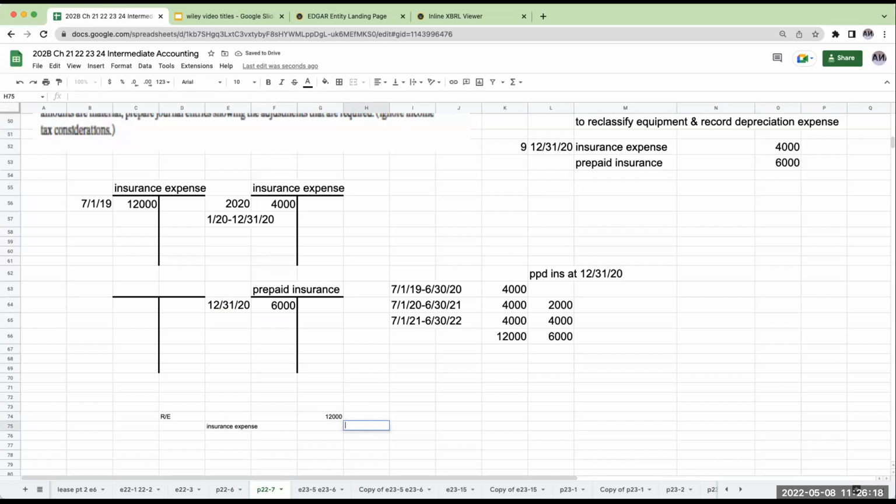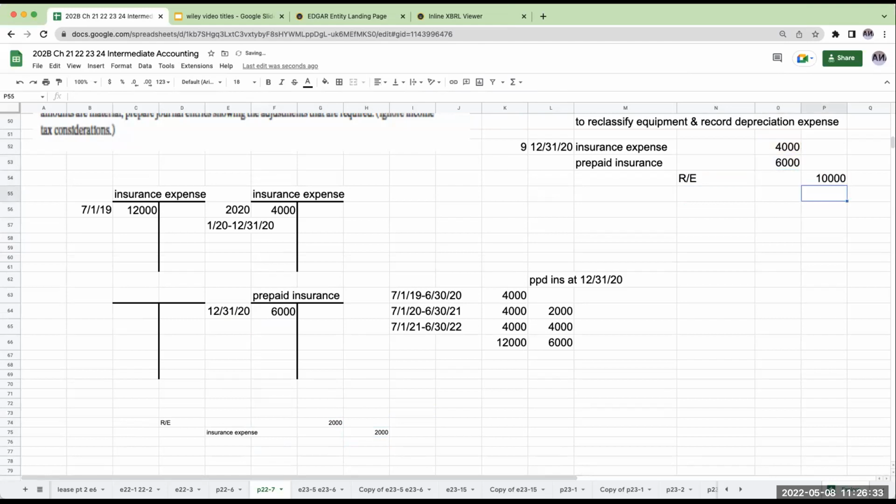That was way too much to close, because the actual amount I should have closed out would have been 2,000, because that's what we used. So if I look at my entry over here, my retained earnings is actually going to be adjusted for 10,000, because that's basically the difference between what should have happened and what actually did happen.